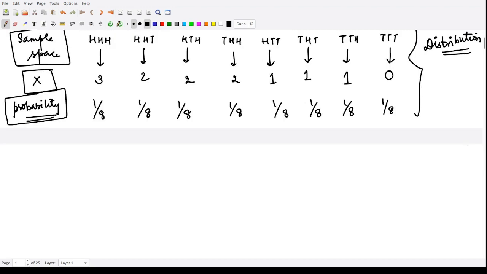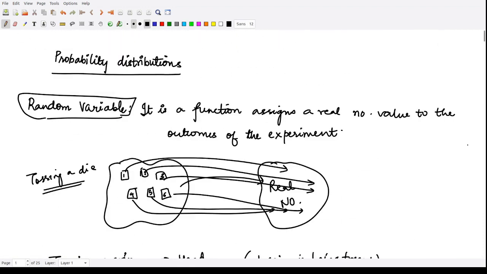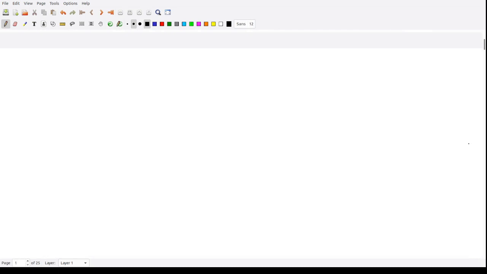Before going into the details of probability distributions and random variables, let us first discuss why we actually need them.